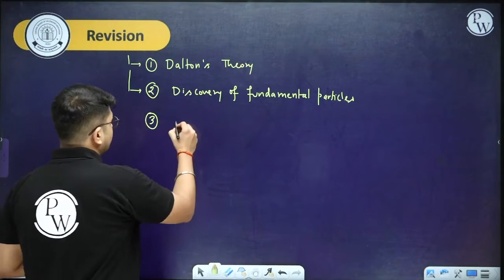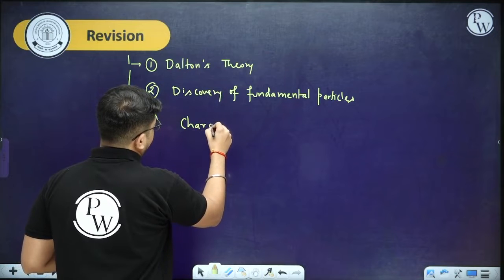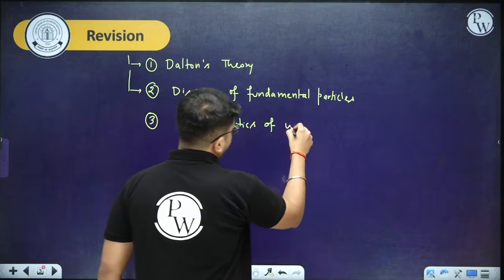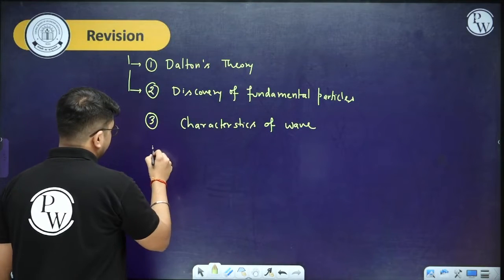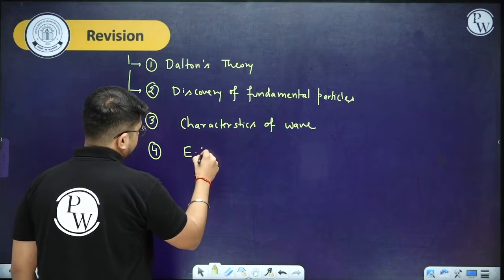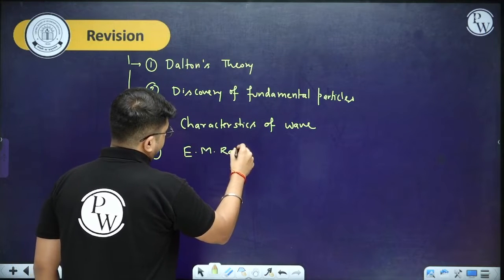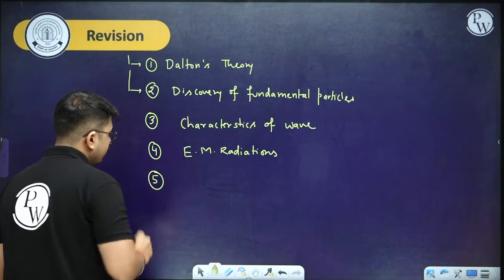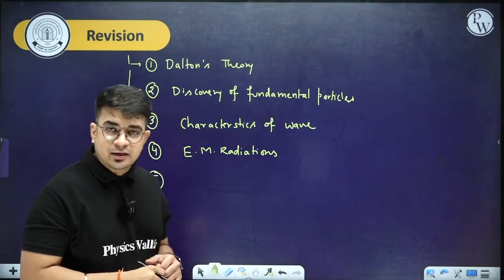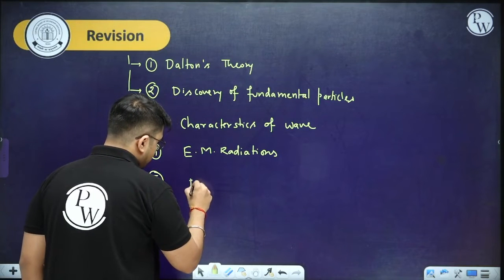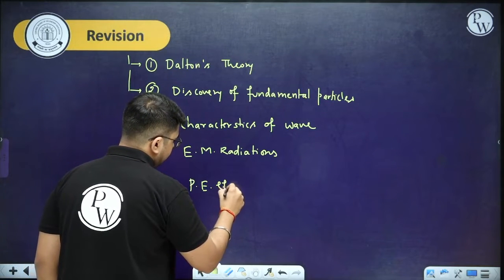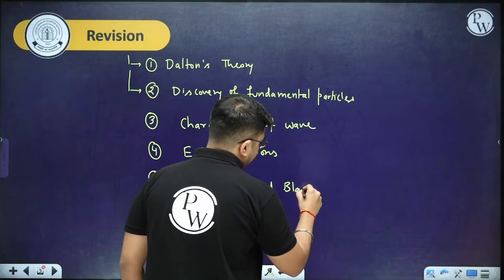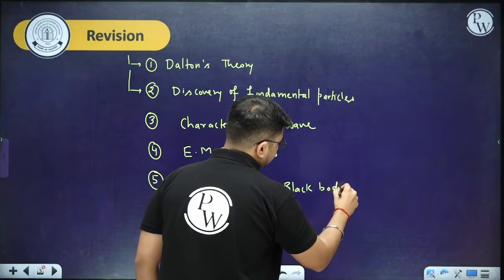Then we discussed the characteristics of wave, and we started the discussion about electromagnetic radiations. After that, we discussed some conceptualization related to particle nature also, which is the photoelectric effect and black body radiations.